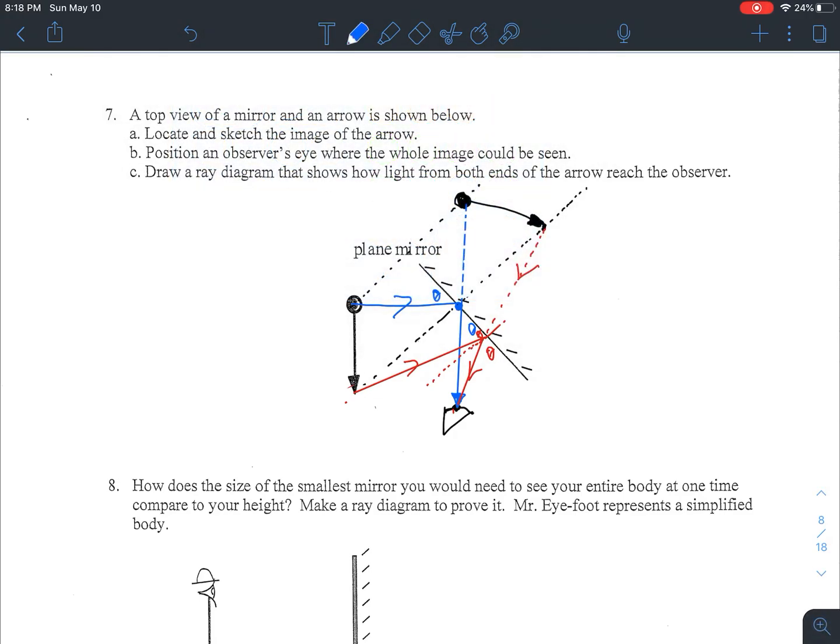Just like with the other one, our brain was perceiving the light come from this way. These are the directions that our brain is perceiving the light from behind the mirror. But the light is actually coming from in front, bouncing off, going to our eye in both scenarios.